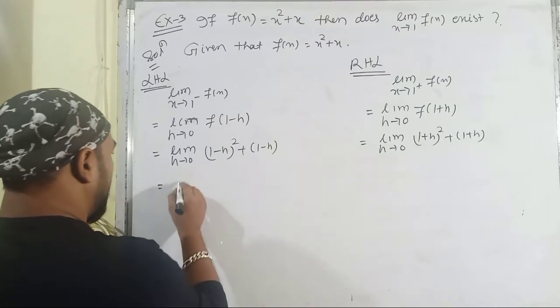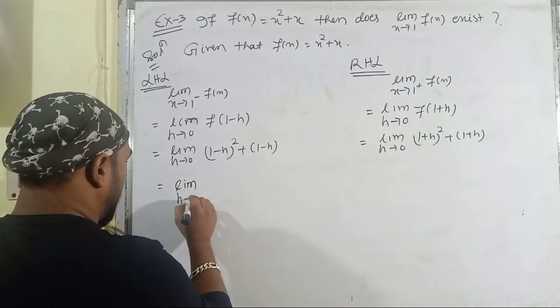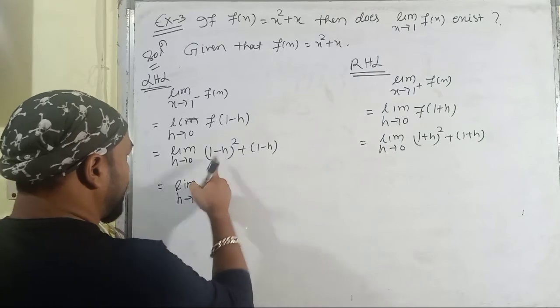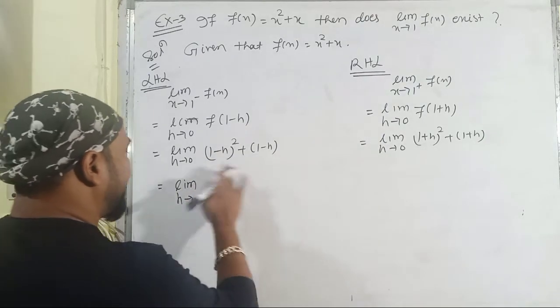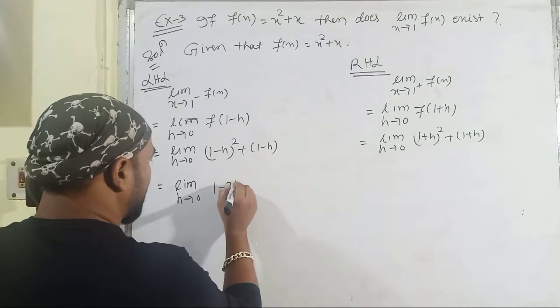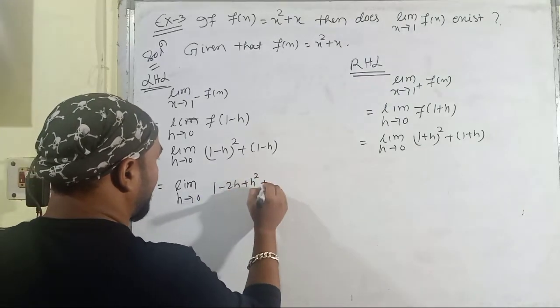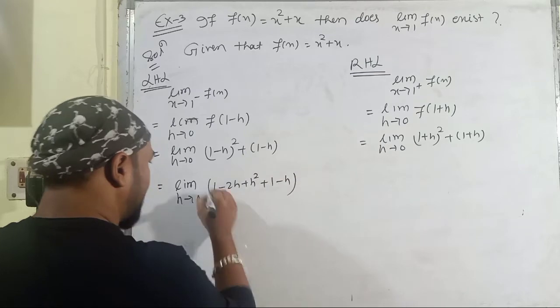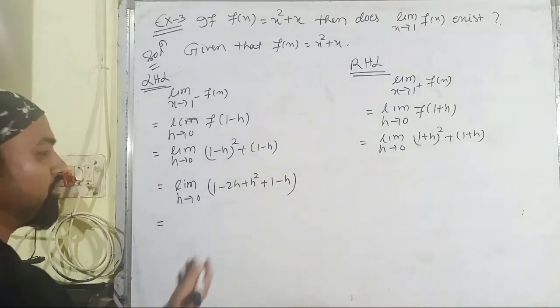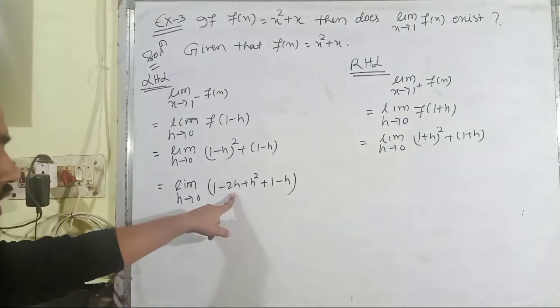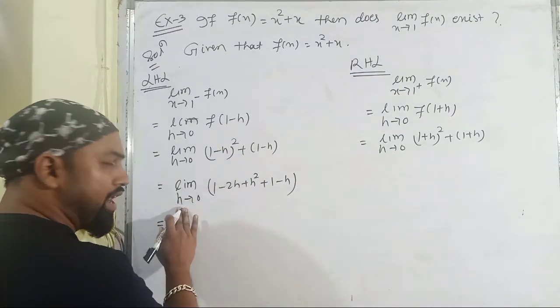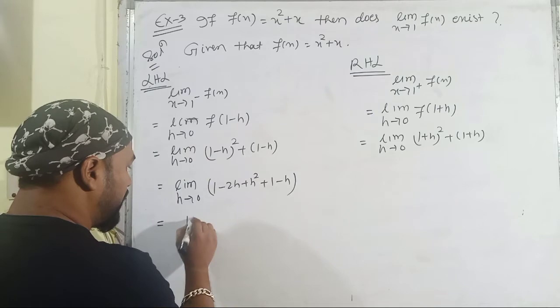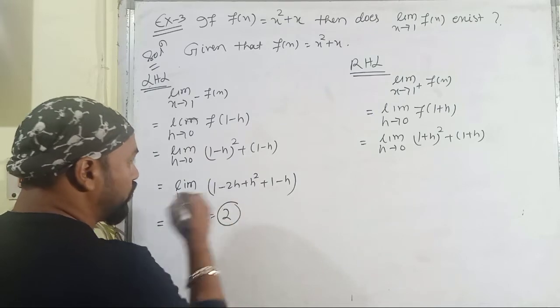Then it will be limit h tends to 0, you can elaborate these things, 1 minus 2h plus h square plus 1 minus h. Then by putting the value of h here, because it is a polynomial, so you can directly substitute the value of h here. So it will be 1 plus 1 which is equal to 2.